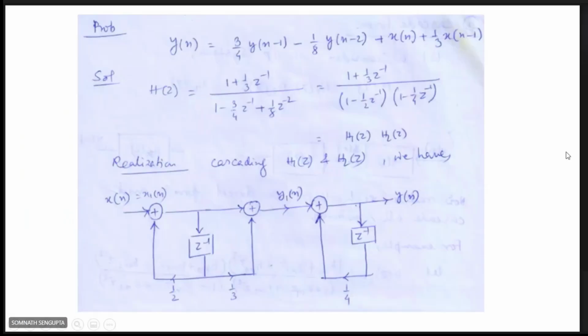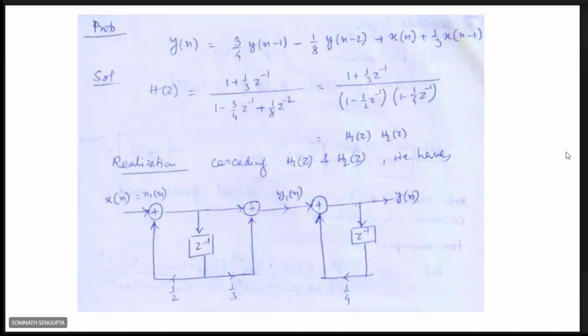Who can tell it is not FIR? If it is not FIR, why is it not FIR? The output is fed back, that means it is recursive.